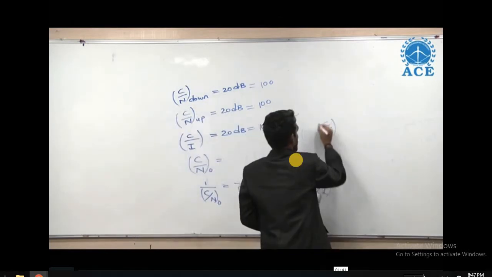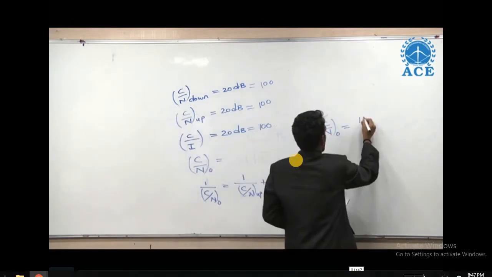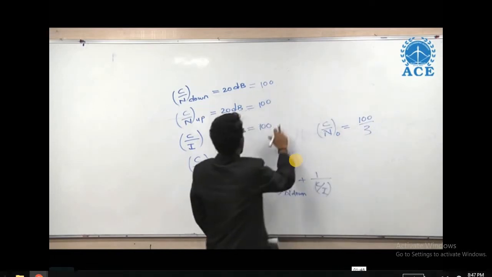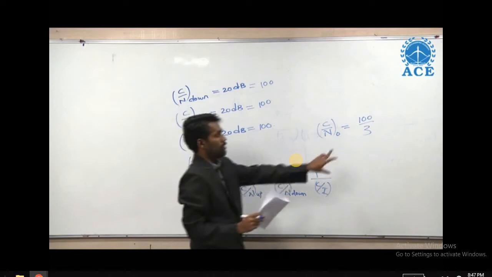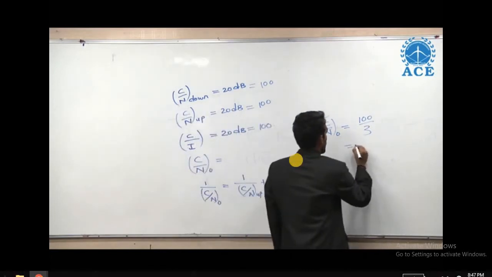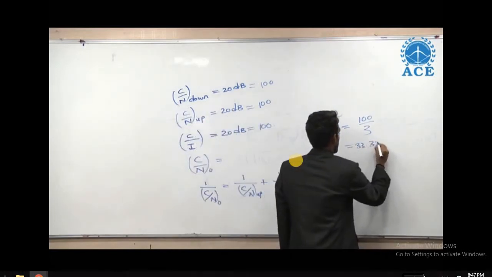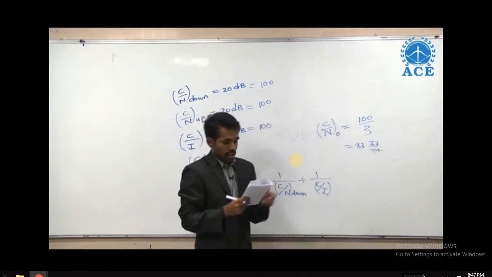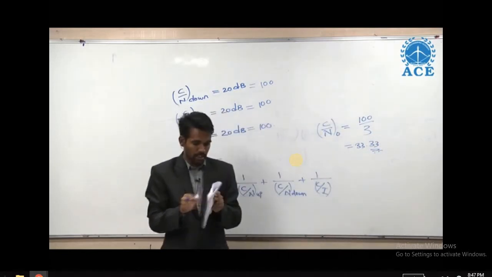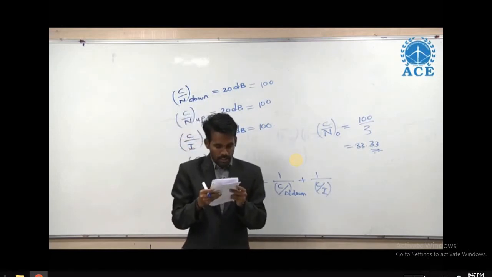They are equivalent, and we need to find the parallel combination. So it will be divided by 3. So we will get 33.33 as the overall C by N0. So from the given options, the answer is C.